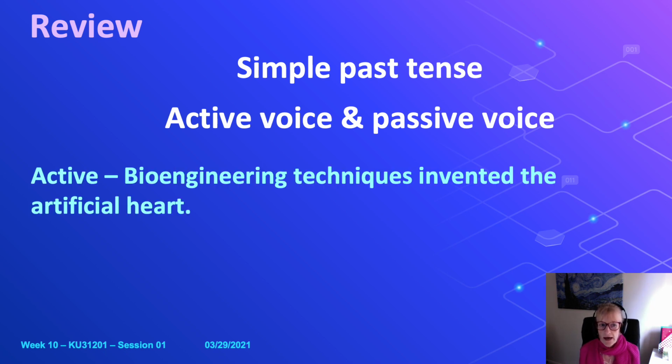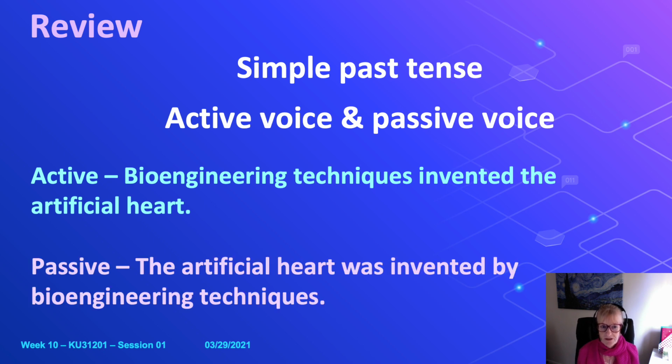So you remember, active voice is where the subject is the main part of the sentence. So here, our active voice sentence is: bioengineering techniques invented the artificial heart. So bioengineering techniques are the subject and the artificial heart is the object. And if we want to turn that around and make it a passive voice sentence, we need to swap a couple of things over.